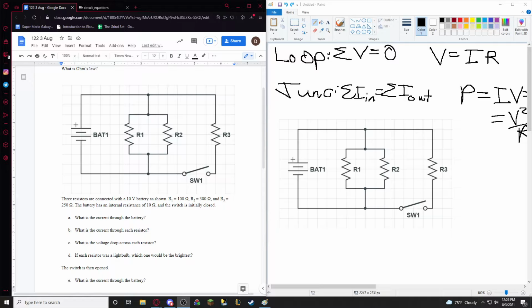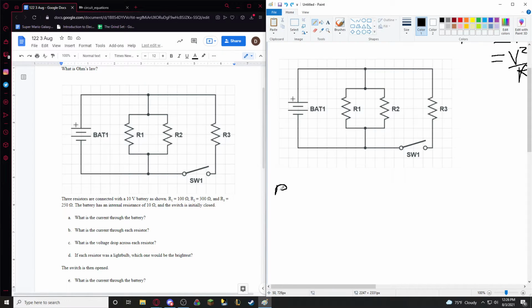Put all the resistors together. So how do we put all the resistors together? Well, I started by adding R1 and R2 together since they're right next to each other in parallel. So we have R12. How do we get R12? Multiplying R1 and R2 and dividing by their sum. So R1 times R2 divided by R1 plus R2.